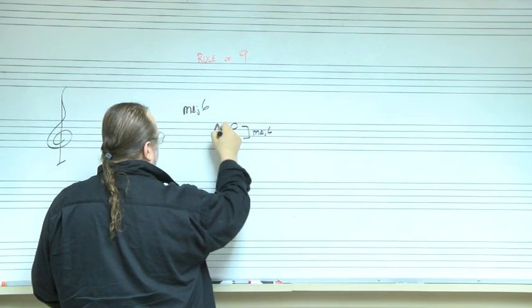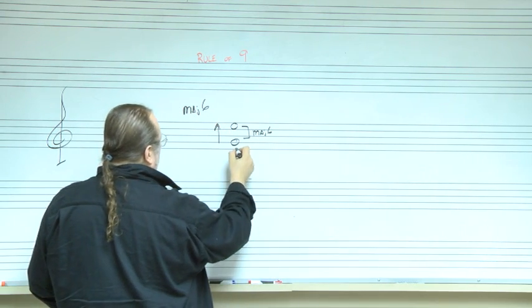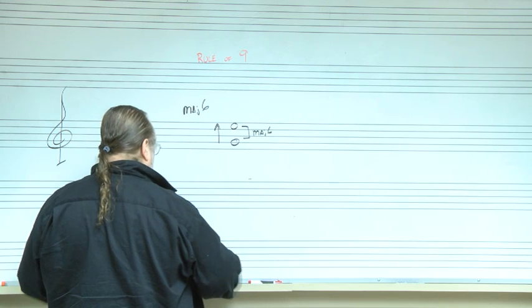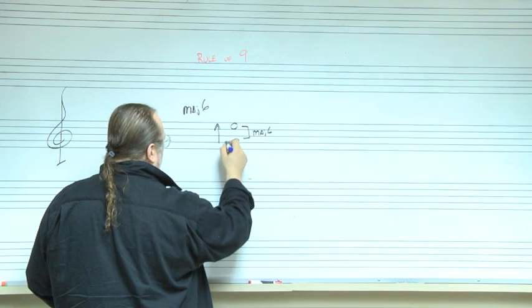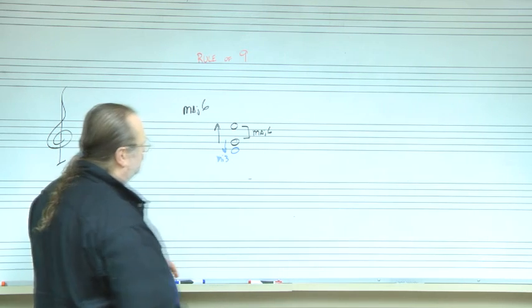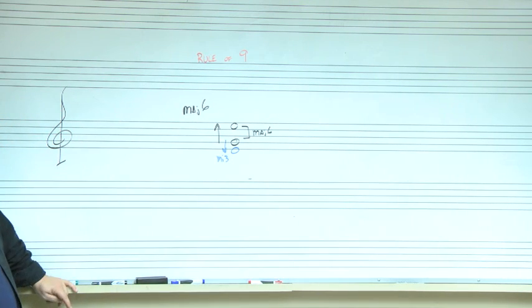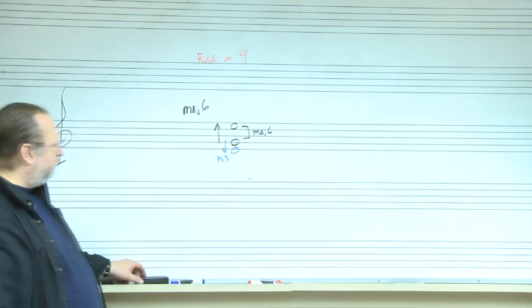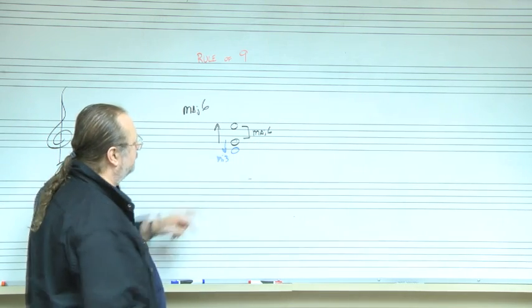Going up is a major sixth. That's the same as going down a minor third to E. Same thing on album. Yeah. And you're supposed to add up to 9. 6 and 3 is 9, right?